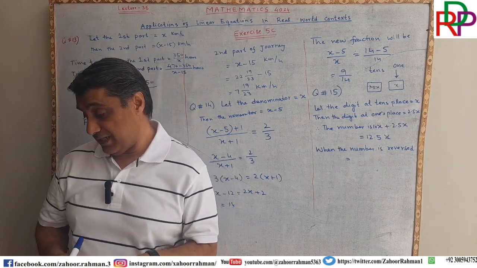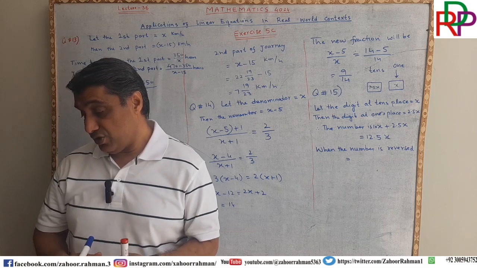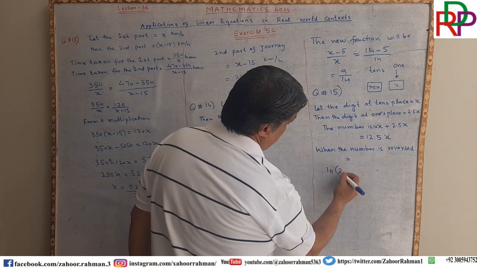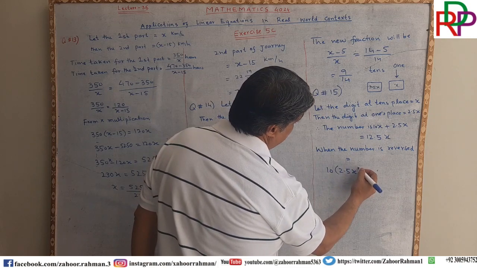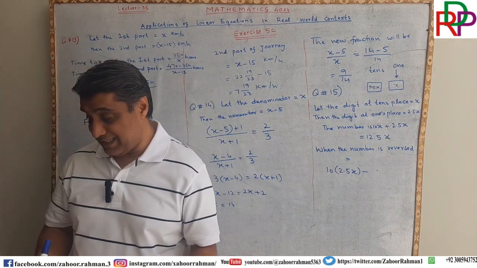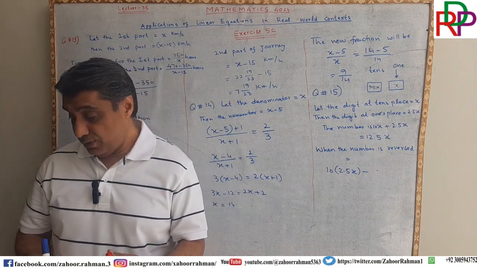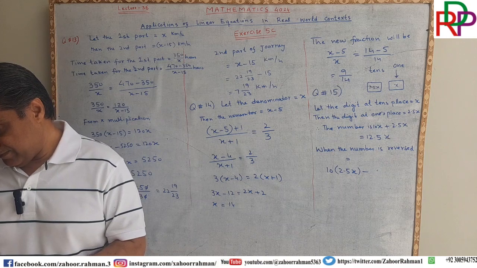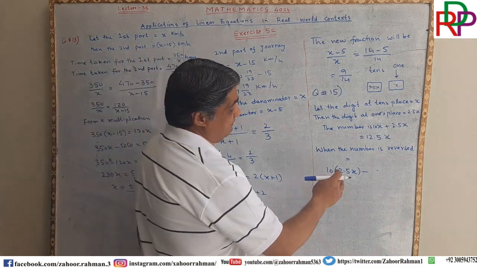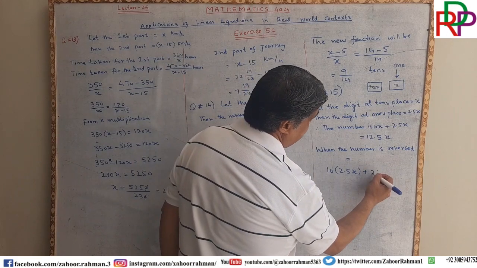When the number is reversed, it is 10 into 2.5x, and because they are telling us to find the difference, before that we have to add this.